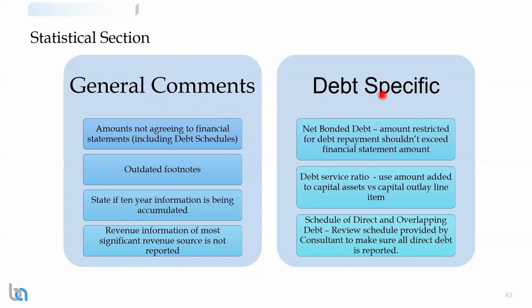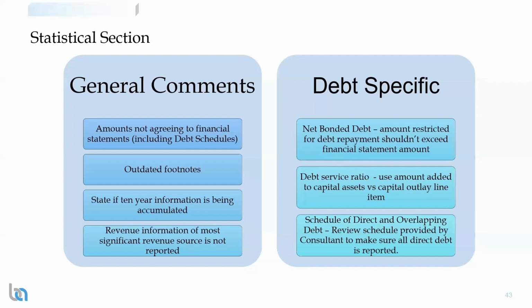Net bonded debt: the amount restricted for debt repayments shouldn't exceed the financial statement amount. You can't have in your net bonded debt calculation an amount restricted for debt service that is different from or less than what you have in your financial statements. In the calculation of debt service ratio, use the amount that's actually being capitalized.